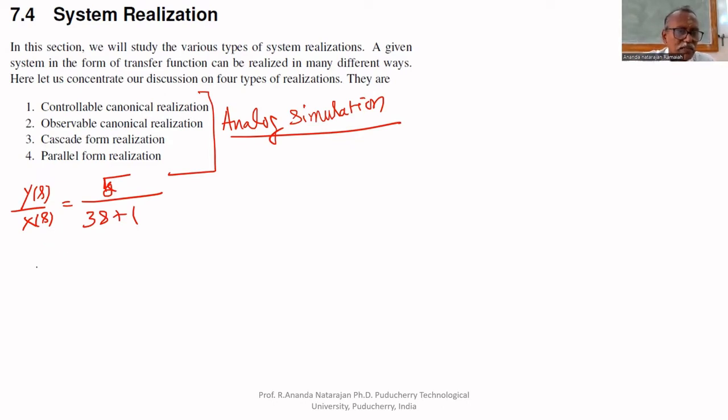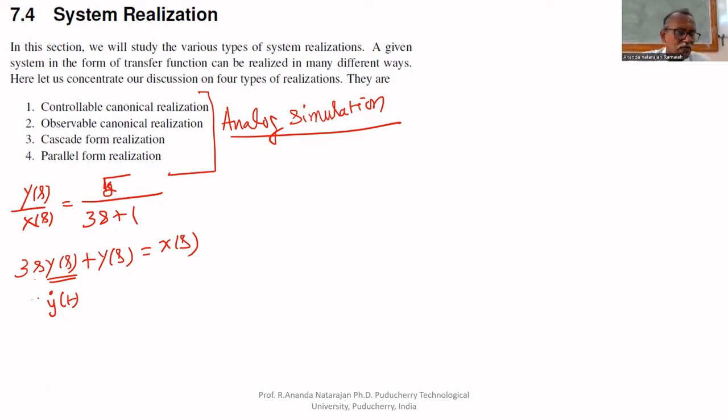If you cross multiply this, you will get 3s Y(s) plus Y(s) equal to 5X(s). If you write it in the time domain, s Y(s) means y dot of t. s means derivative, 1 by s means integration.